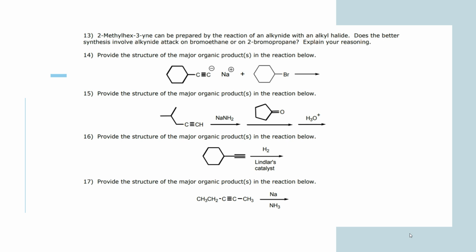And you have been given two options of synthesizing 2-methyl hex-3-yne, either by attacking an alkynide on bromoethane or 2-bromopropane. First of all, you have to draw the structure of 2-methyl hex-3-yne.